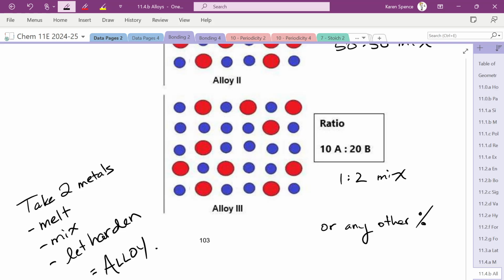And chromium oxide is very, very hard, and it prevents the oxidization of the iron. Iron oxide is crusty and yucky and red and flaky, and it just destroys the structural integrity. Whereas chromium, when it oxidizes, provides a smooth layer that's just there.